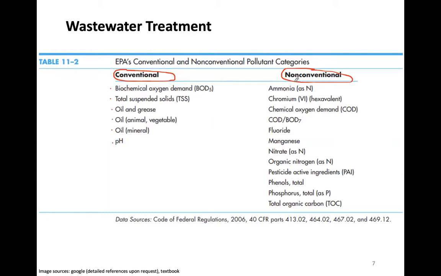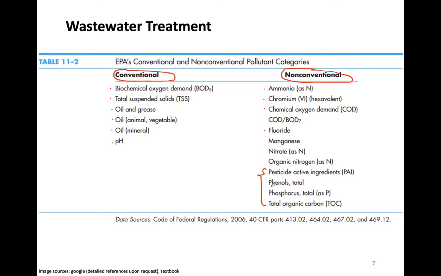And in terms of non-conventional pollutants, they're going to be, let's say, more detailed quantification of the physical and chemical species. Let's say ammonia, chromium, COD, let's say fluoride, nitrate. So they're going to be more detailed measurements here.